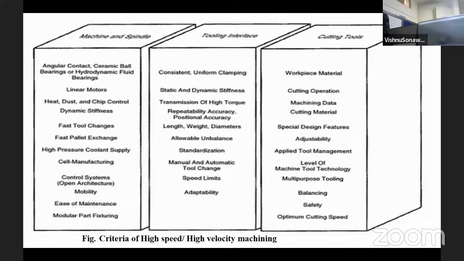For the cutting tool material and the work material, we have seen aluminum, high speed steel, super alloy steel, tungsten and titanium alloys. These are the materials we should take into account to manufacture high speed machining parts.